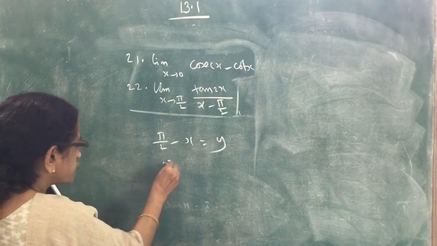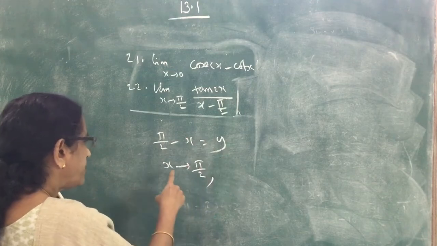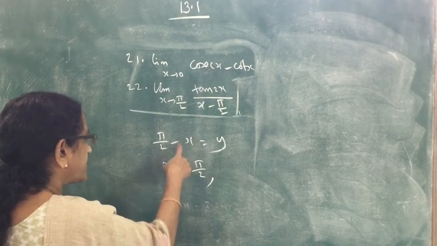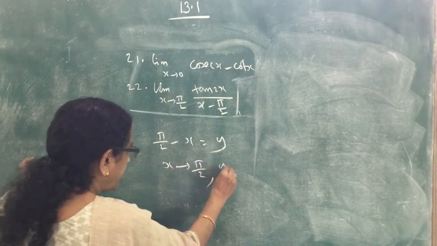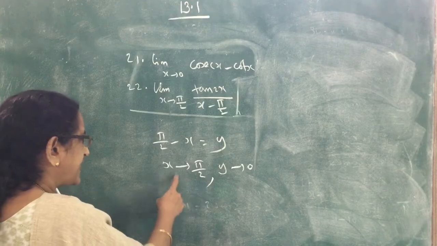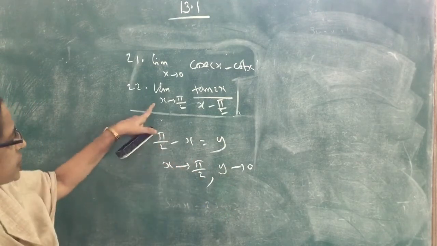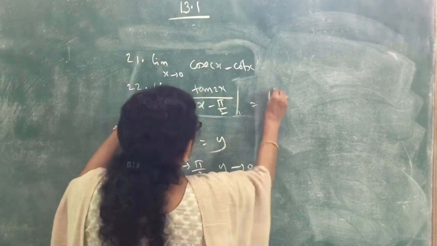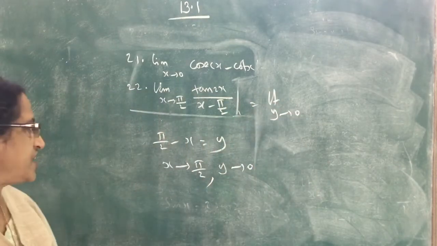As x tends to pi by 2, y tends to 0. So instead of x tends to pi by 2, we write limit y tends to 0. Similarly, everything we have to change into y.